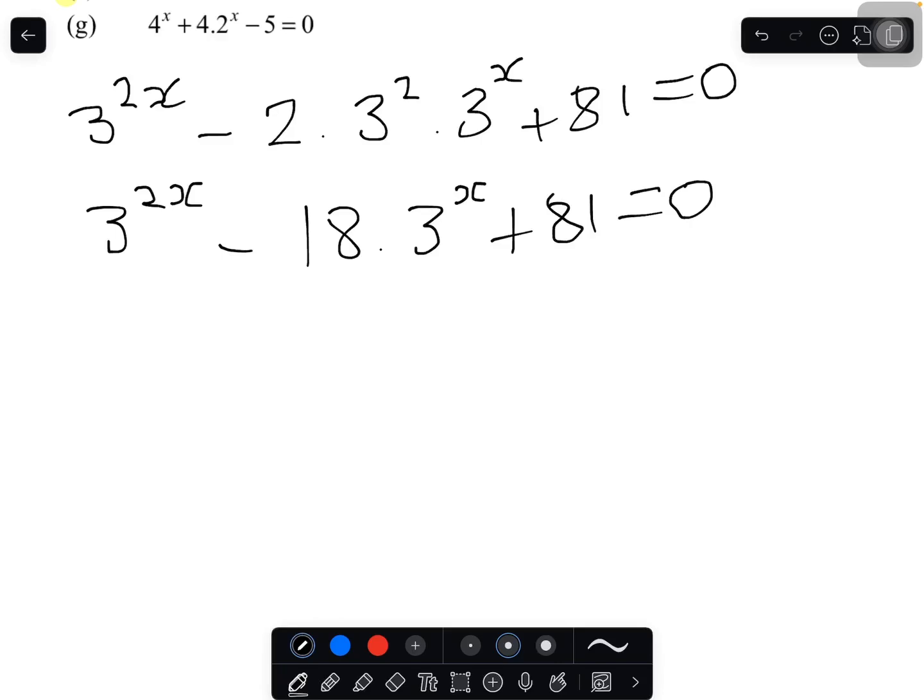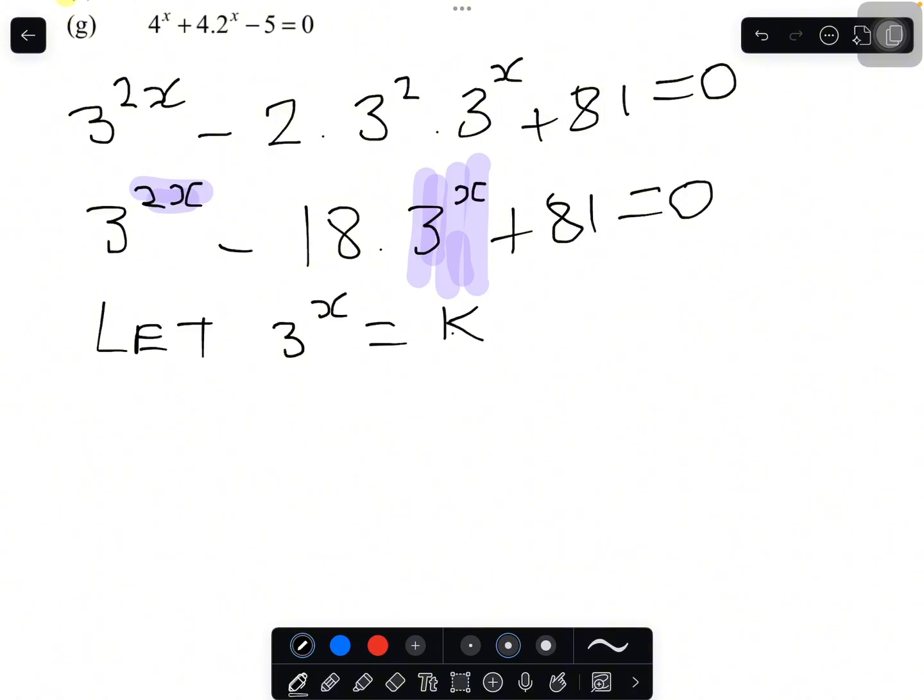This is a new technique that you're going to do. You're going to let the term that is half, you can see this x here, this part of this term, that is half this right here. It's half the exponent component of it. So the one that is half, we're going to let it be k. So we're going to say let 3 to the x equal k.